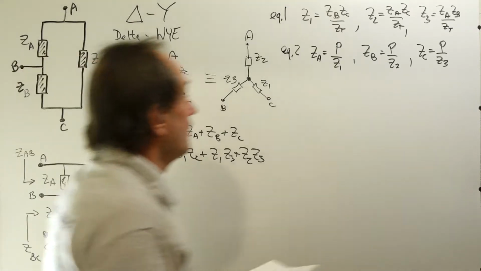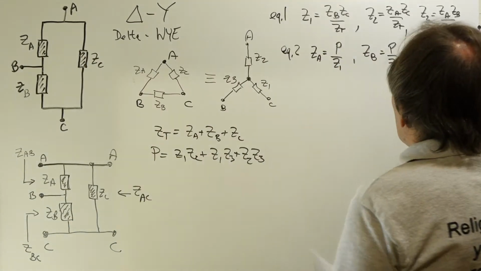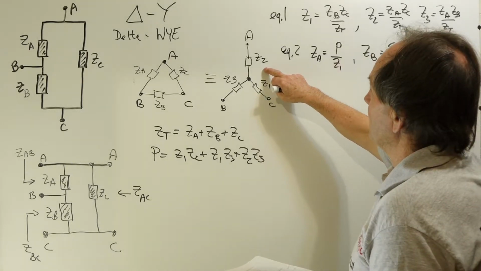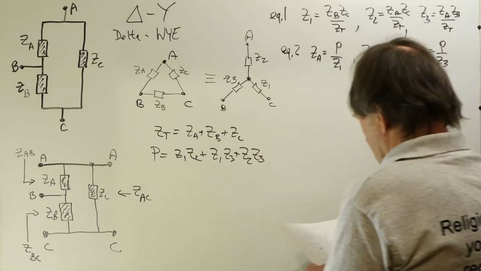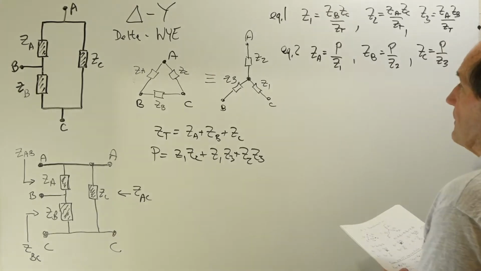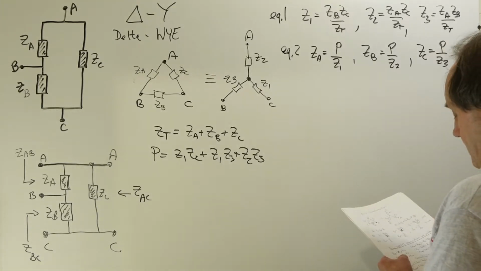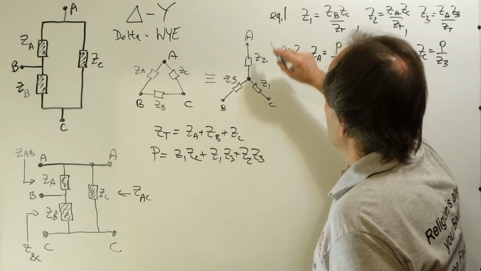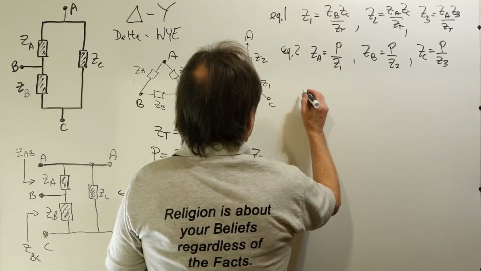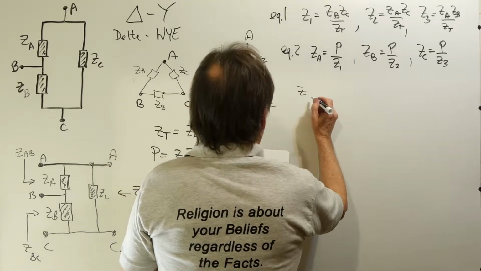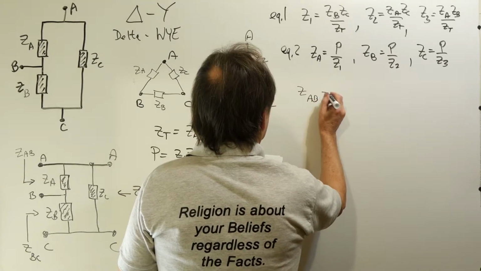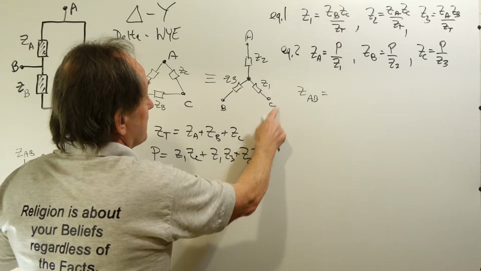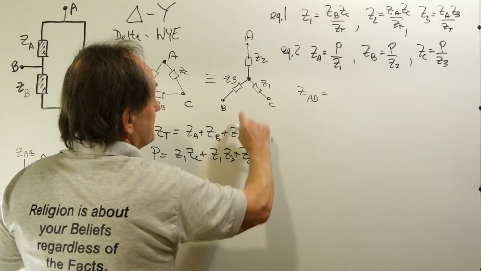Now, with these, I'm going to use the Y connection here to write some equations. We're going to concentrate on the Y network. So ZAB is what? Well, node C is open circuited, so Z1 does not enter in.